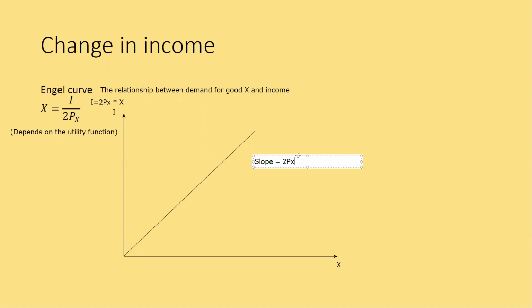But again, this depends on the utility function. This is a special case. In general, we can solve our utility maximization problem many times for different values of income, and we can plot our solutions to those problems on a graph like this. That is the Engel curve.